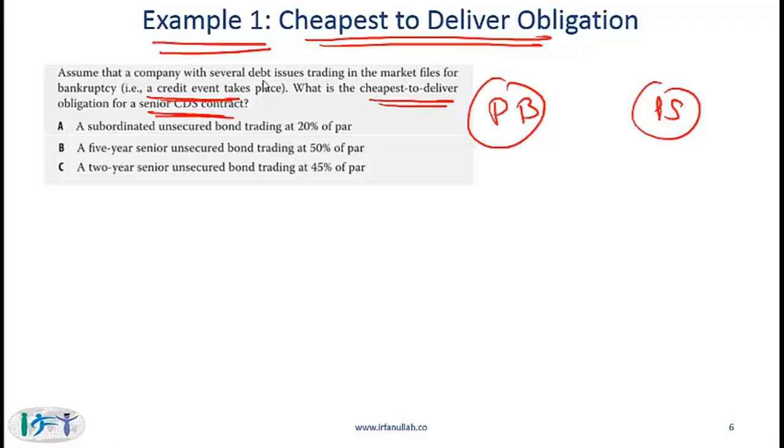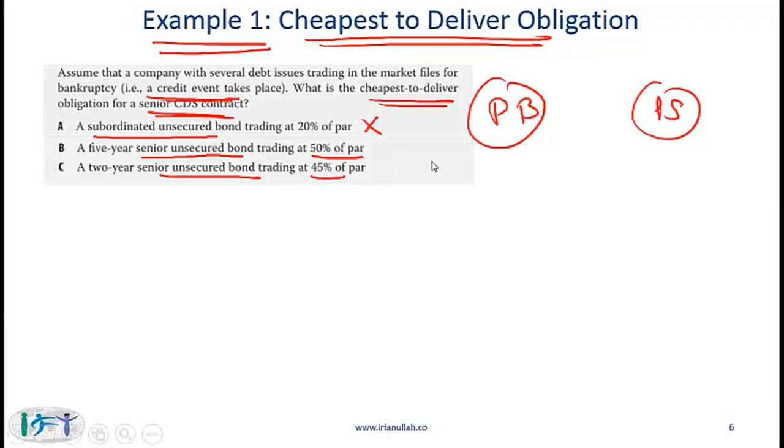Now, if we are talking here about a senior CDS contract, then clearly a subordinated unsecured bond would be below or would be low in ranking. So this would not be an option. We are then left with B and C, a senior unsecured bond trading at 50% of par and a 2-year senior unsecured bond trading at 45% of par.